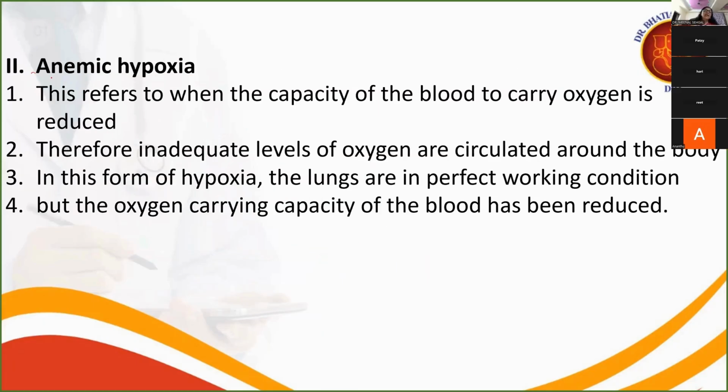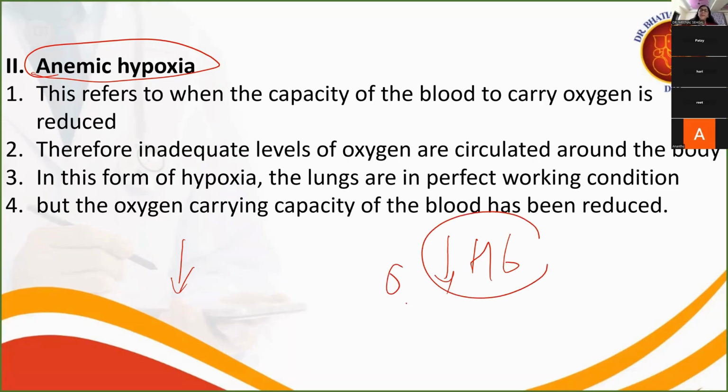Then comes anemic hypoxia. We just read what hypoxic hypoxia is, that is, there is a ventilation defect. Now, if the hemoglobin is low, where the oxygen carrying capacity is less, that causes anemic hypoxia.